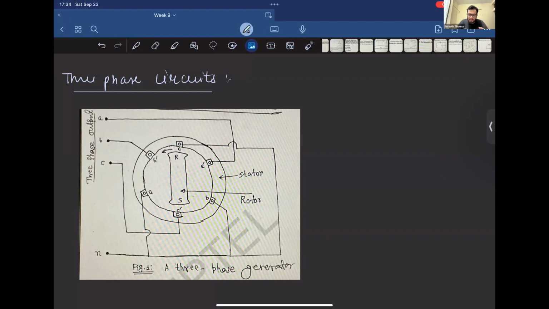The flux lines are cut, and when the flux lines are cut, there's an EMF generation between the conductors, right? When a conductor cuts the magnetic field lines.